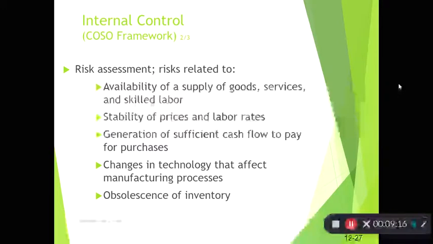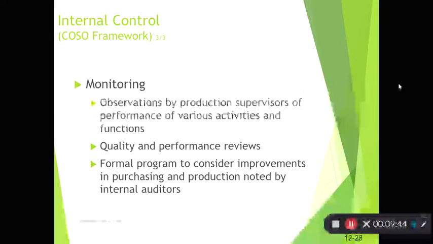How stable are the prices? And are we going to have changes to technology that impact this process, right? Either impact what we do or impact how raw materials are produced or acquired, those types of things. How likely is it we're going to have obsolescence of our inventory, whether it's inventory that spoils or technological obsolescence of inventory no longer being relevant.